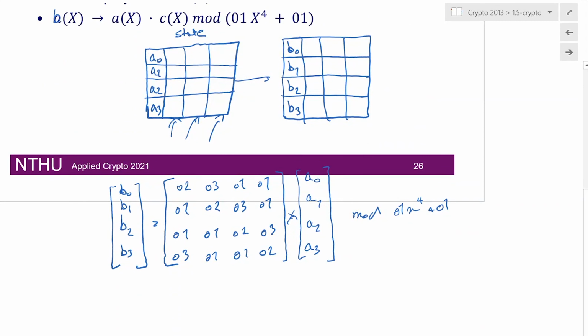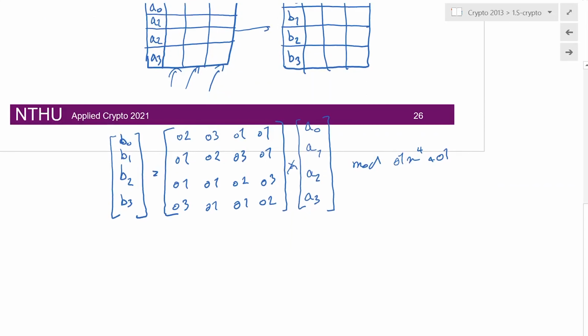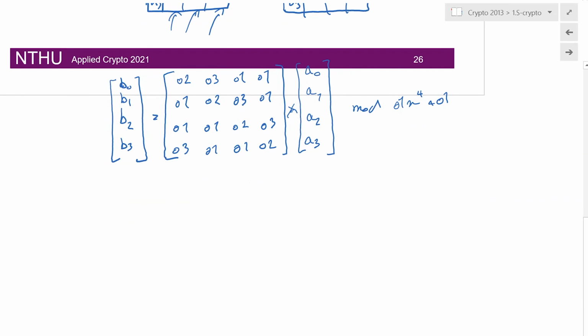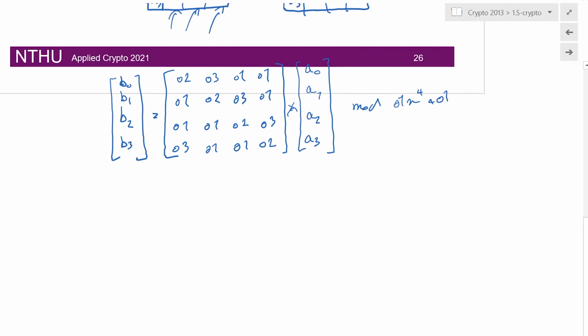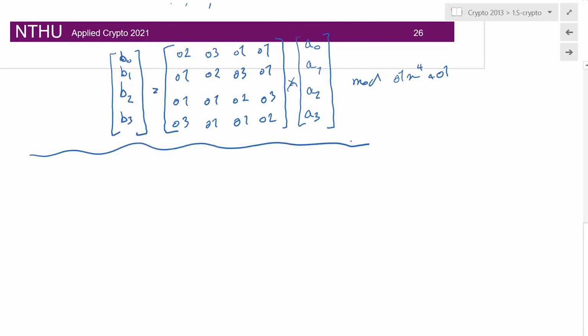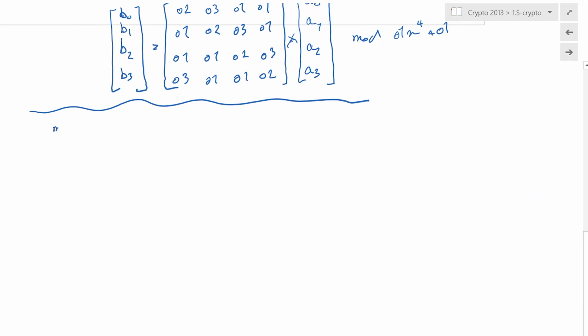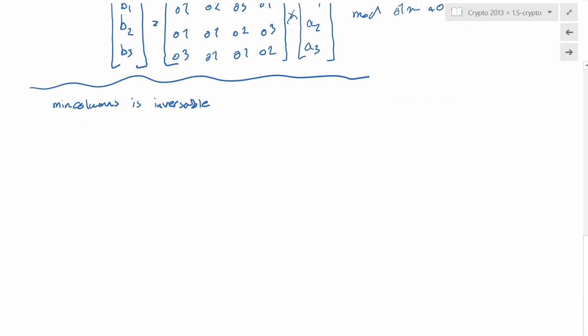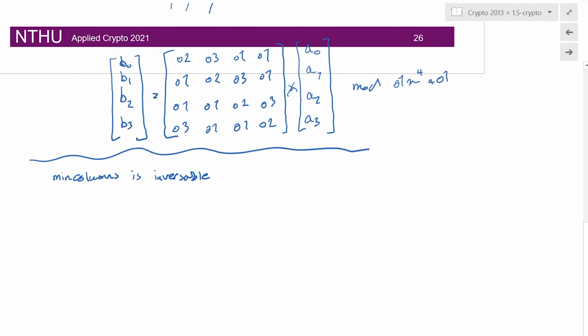And then we are going to discuss that mix columns is also invertible. This is very important again for the decryption.